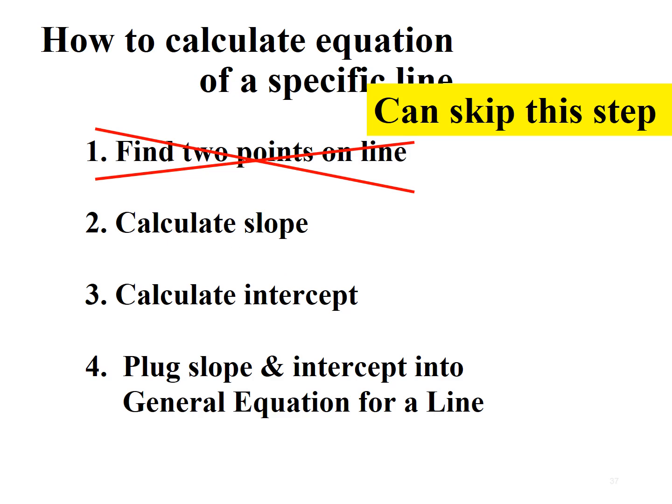We used similar steps to those we used about 4 weeks ago when we were calculating the slope and the intercept of 2 points that fall on the line. However, we're not going to use the first step. We're going to skip the first step and go into the second step.